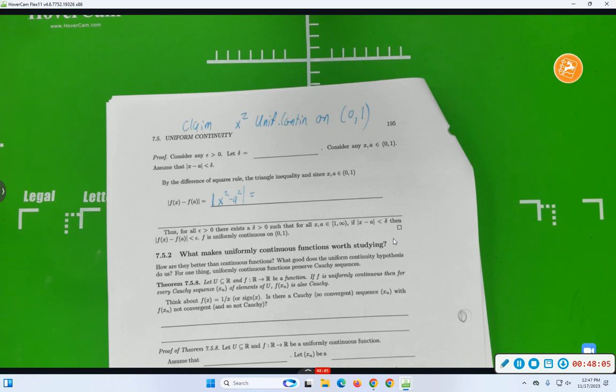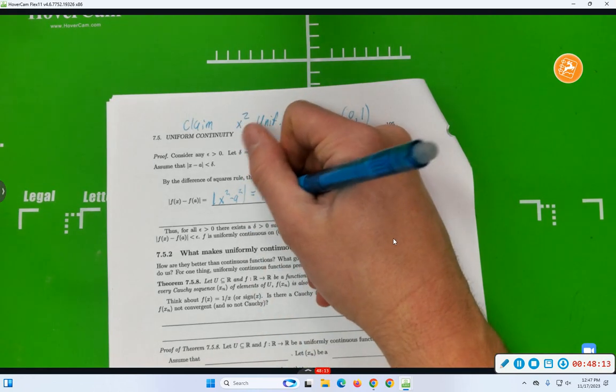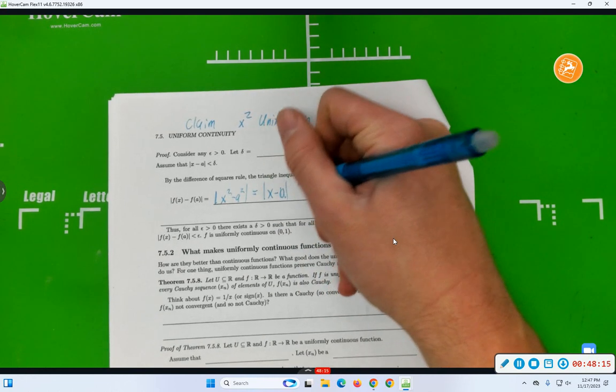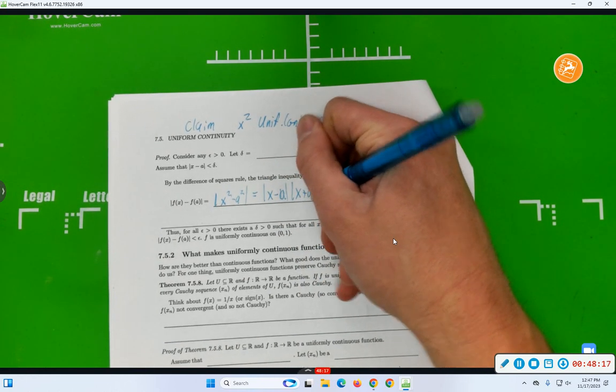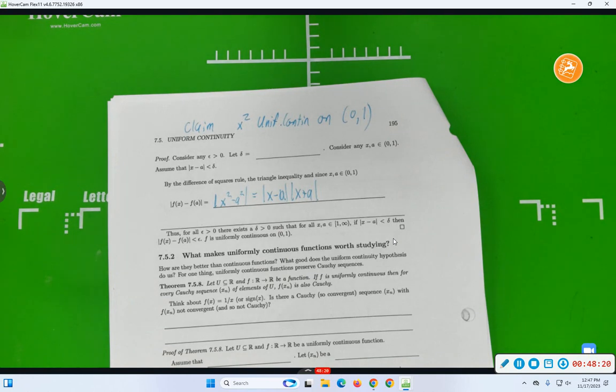What do? Difference of squares. What does that say this is? Absolute value of x minus a times x plus a. Cool. And I distributed the absolute values, which is what you surely would have done next.